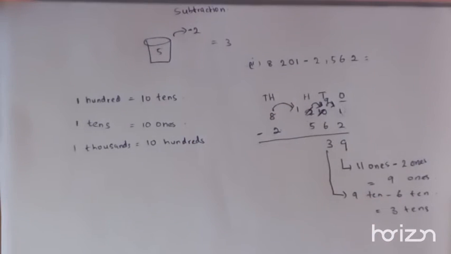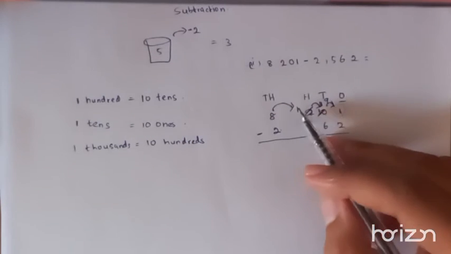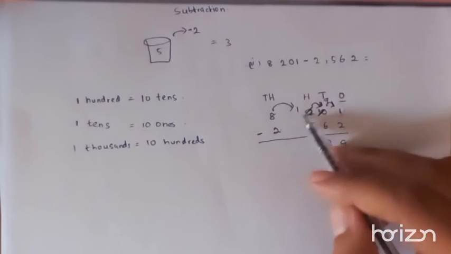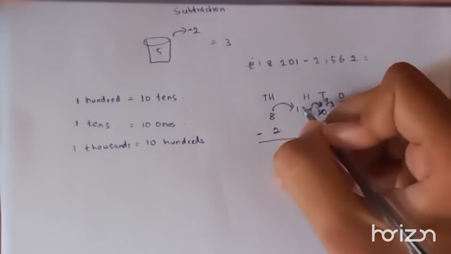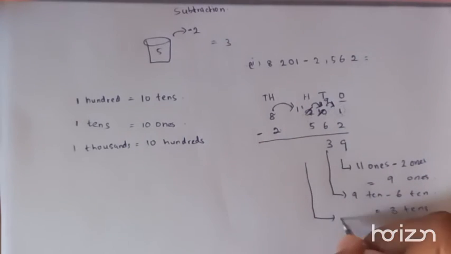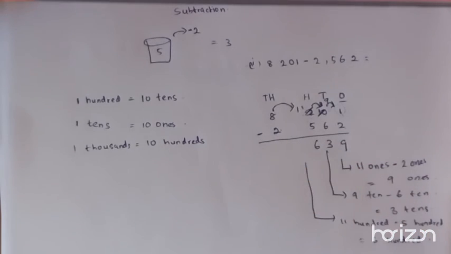We already have 1 hundred here, so if you add 10 more, we would have 11 hundreds. So 1100 take away 500, we would have 600 in here.